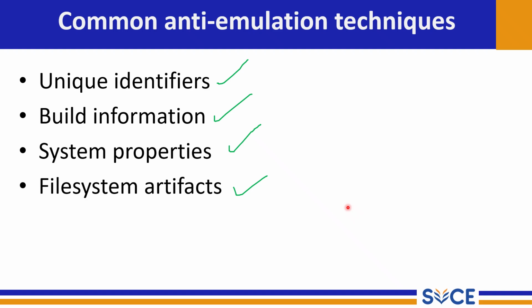And next, invalid instructions. Attempting to execute a privileged CPU instruction in a user mode application can reveal the emulation. On real hardware, this would fail with an exception, but some emulators may handle it differently. And environment-specific needs: programs can look for signs that a dynamic analysis tool is running alongside them.